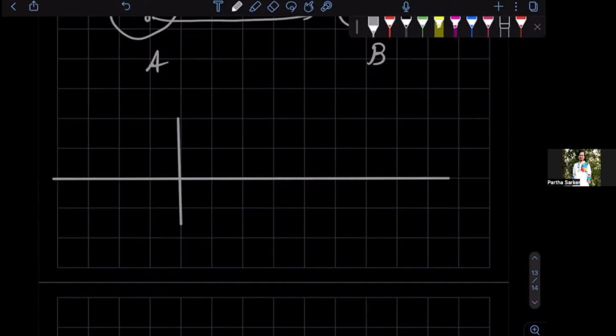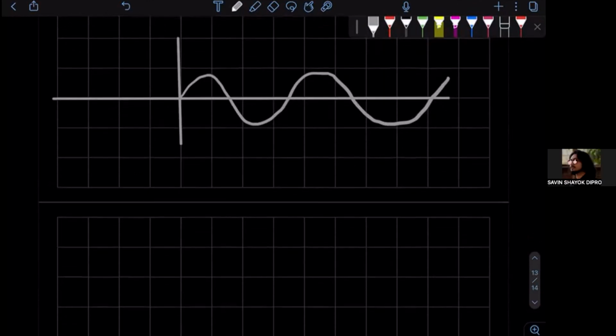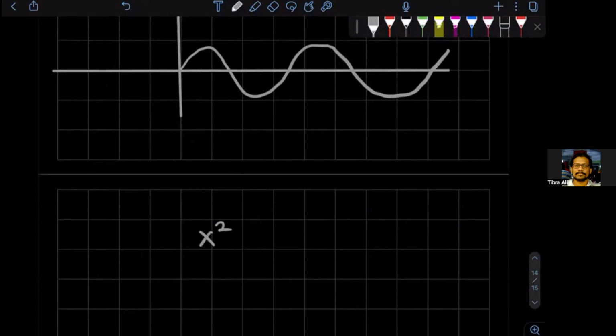Take the whole real line, then it's not one-to-one. For different values of x, we get the same values of y, right? Yeah. And any other examples? X squared. X squared, very good. Because if I have 4, then x can be plus or minus 2, right?